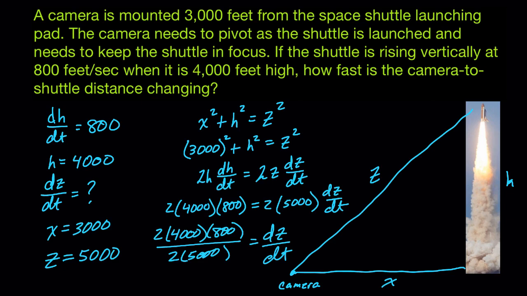I kept it in those forms so that we can reduce. The 2's cancel, 4 and 5. And then 5 goes into 800. Let's see. 160 times. And 4 times 160 is going to be 640. And this measurement is going to be in feet per second.